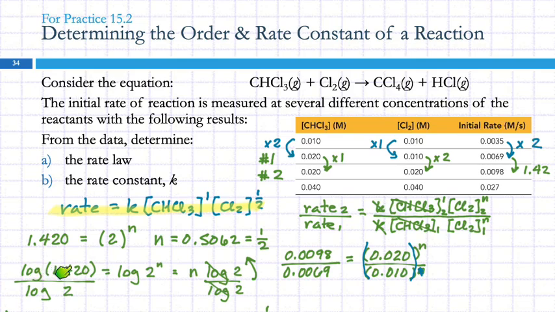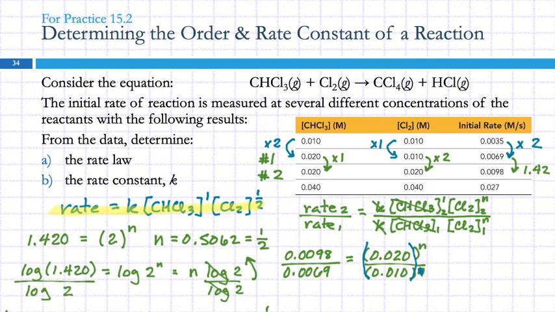So I got log of 1.42 is equal to n times the log of 2. And I'm trying to isolate n and get it by itself. So I'm dividing by the log of 2 on this side, so those cancel out, and I'm doing the same thing on that side. Okay, got it. It's a little harder to see because we've got this in the middle. Great question. Anybody else?